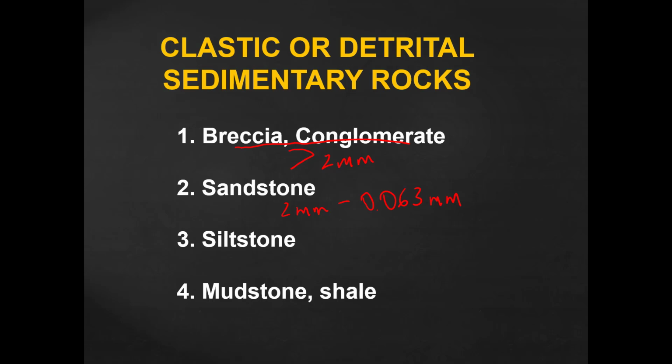Then we continue with the siltstone, which is 0.063 millimeter to 0.005 millimeter. And then we're going to finish with the mudstone and the shale, where the grain size is less than 0.005 millimeter.